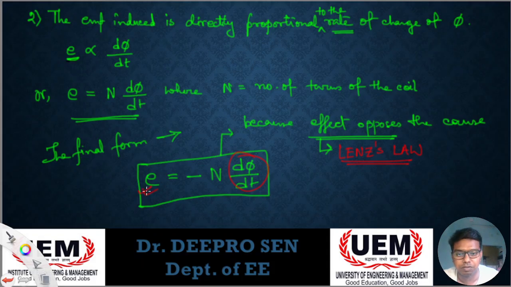Then the EMF that is induced tries to oppose the rate of change of flux, and vice versa. So in the next video, we'll discuss a little bit about Lenz's law and how it is practically applicable for a rotating machine like a motor or a generator. So with that, we'll introduce the motor, generator or DC and AC machines part of this particular course.